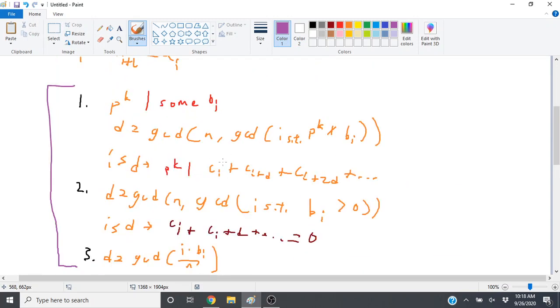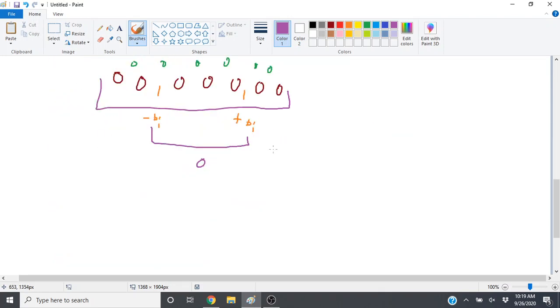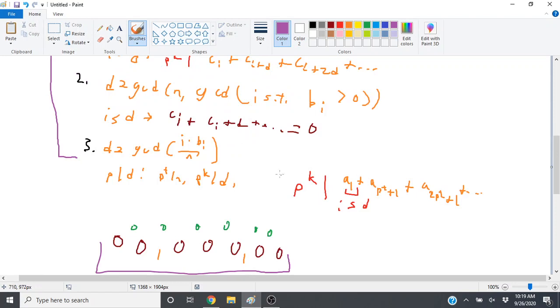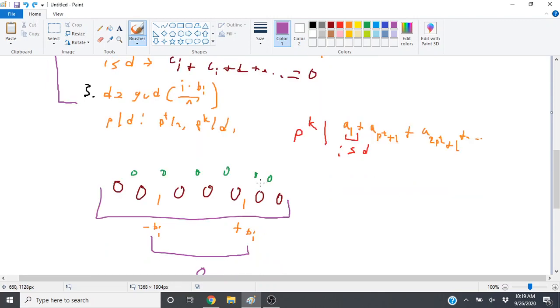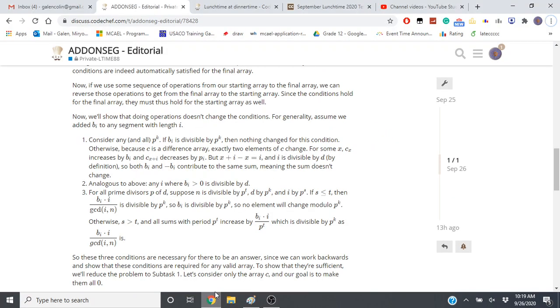That's the first one. The argument is basically the same for the second one, because any i where bi is not 0 will be on the same sum. Like the two elements will be on the same sum, so the total sum will still be 0. And the third one is, I think, slightly more complicated.